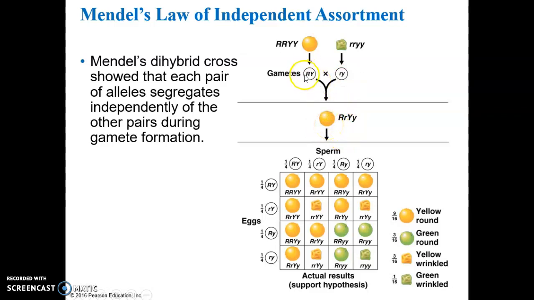The offspring gets a dominant and recessive allele for shape and a dominant and recessive allele for color. So the F1 individual, this is the parental cross, and that's the F1 generation. It is heterozygous for both alleles, meaning one of each, dominant and recessive.